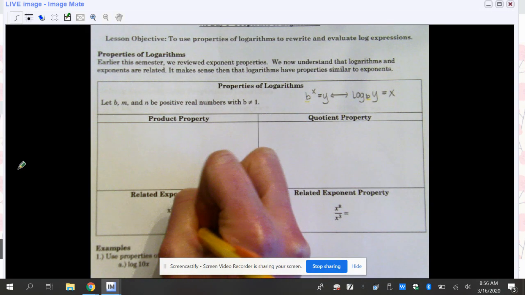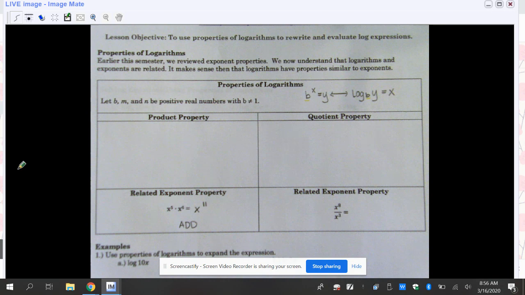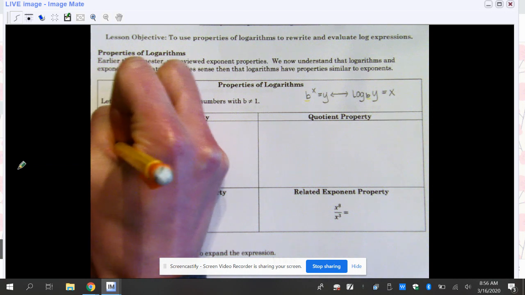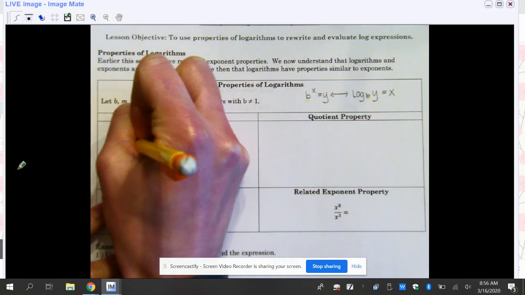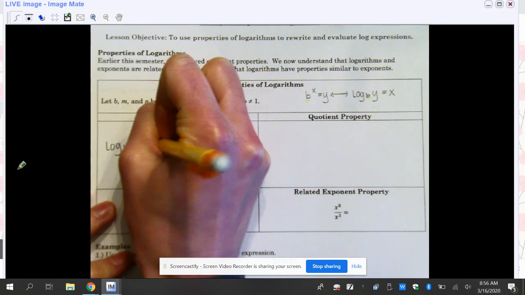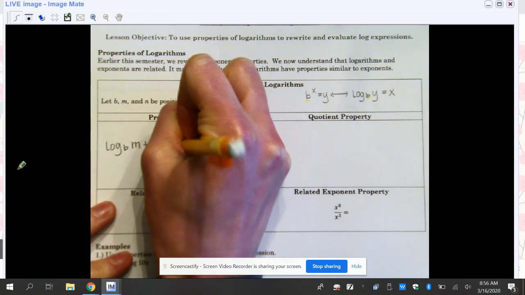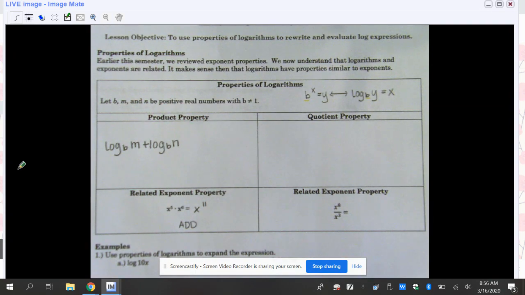The inverse is going to be true with the product property for logarithms. If I have log base b of m plus log base b of n, when we're solving these equations, our goal is to combine like terms, just like in any other equation.